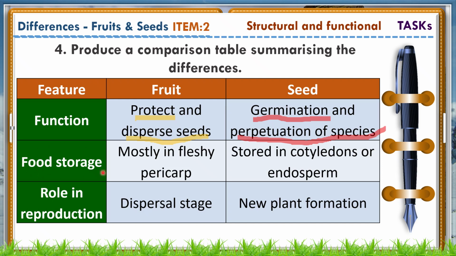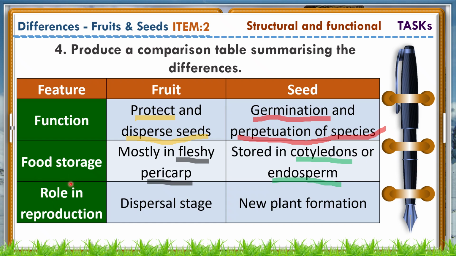When you come to food storage, they are mostly in fleshy pericarp, whereas in the seed, the food is mainly stored in the cotyledon or the endosperm.